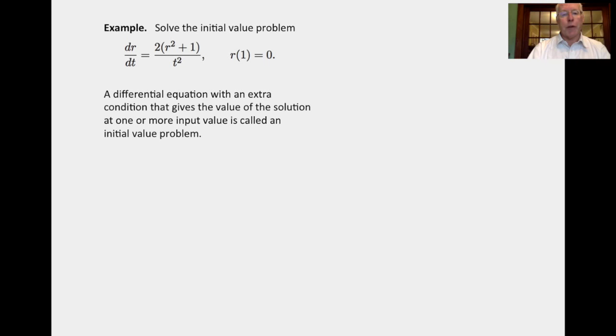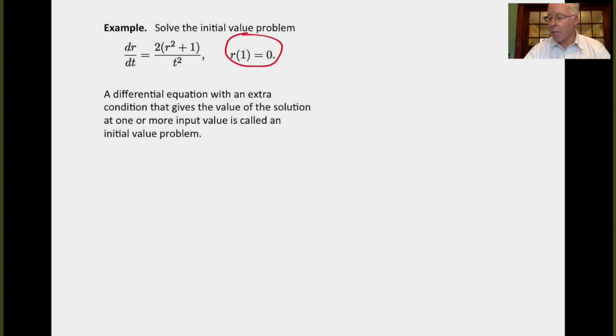A differential equation like this is called an initial value problem if it has a side condition such as r of 1 equals 0 that tells us the value of the solution, r in this case a function of t. This tells us what the solution must be equal to when t equals 1. We'll see that this helps us determine the constant of integration when we do the integration used in solving the problem.